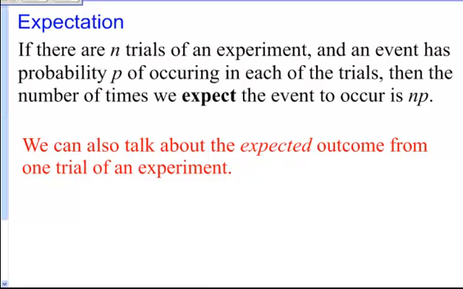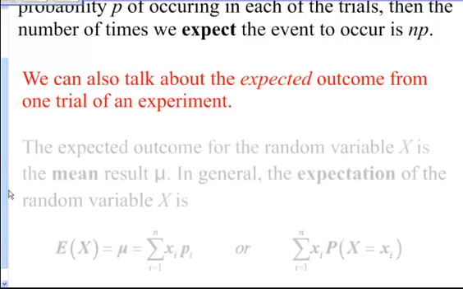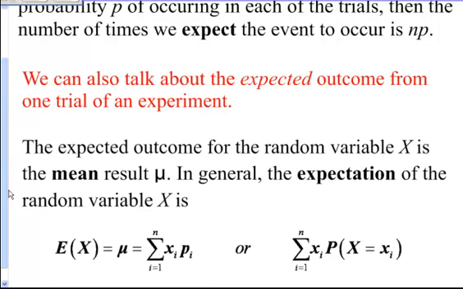We can also talk about the expected outcome from one trial of an experiment. So what we did before was not an experiment. That was what we expected the outcome to be theoretically. But if we have an experiment, then we can actually find the expected outcome from a random variable experiment, which is x, the mean result.